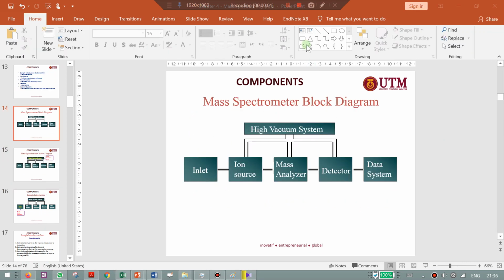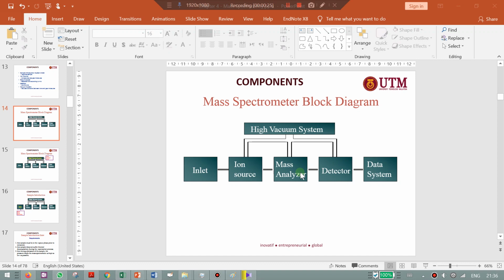Alright, let's look at the components. Here is the diagram of the mass spectrometer. We have the inlet for sample introduction, the ion source for ionization to happen, and the mass analyzer to separate our molecular ion and fragment ions, and also to remove all the neutral compounds.